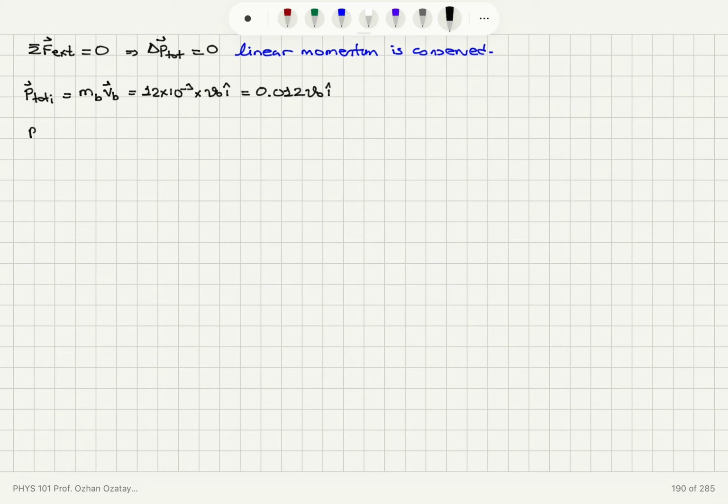The final total linear momentum is the mass of the bullet plus the mass of the wooden block, the total mass, times the final velocity after the collision.